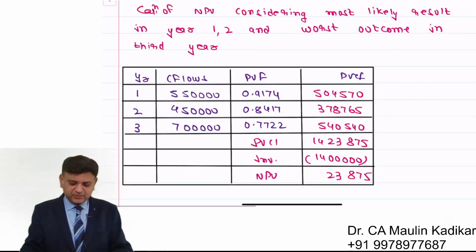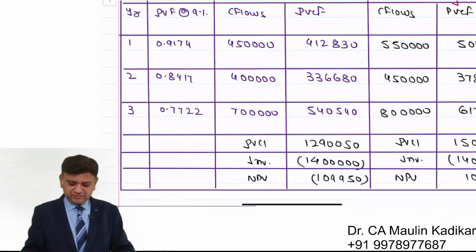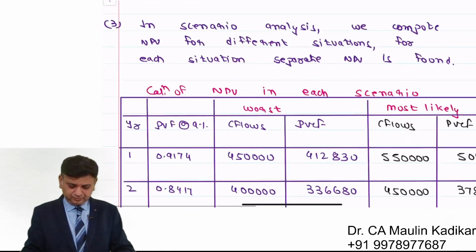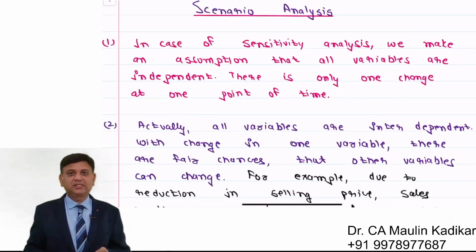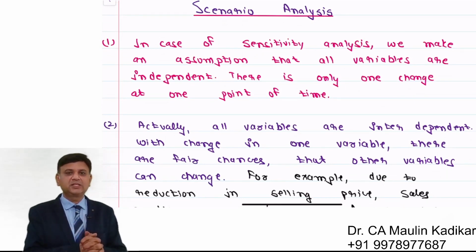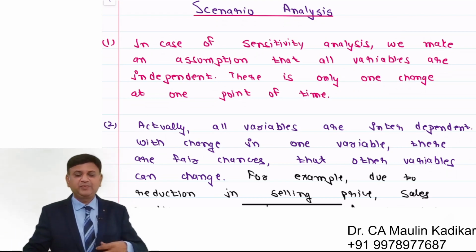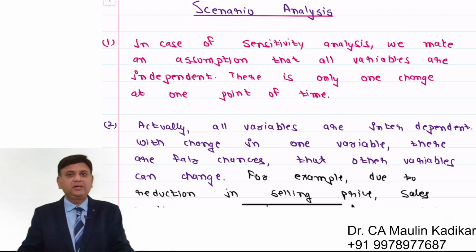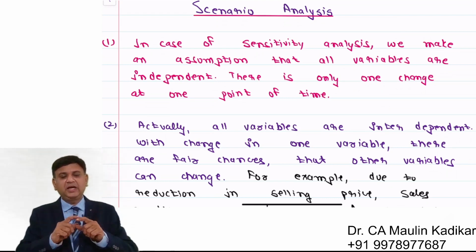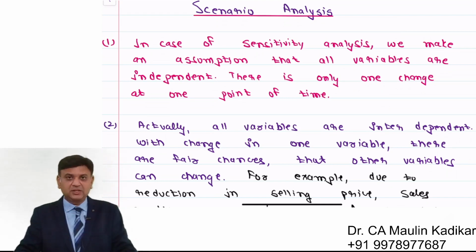So this is the expected NPV in that specific situation. Giving a summary for the scenario analysis: basically, scenario analysis is a kind of solution to sensitivity analysis, which makes an assumption that all the factors are independent. Actually, all the factors are not independent. All the factors have some relationship with one another.